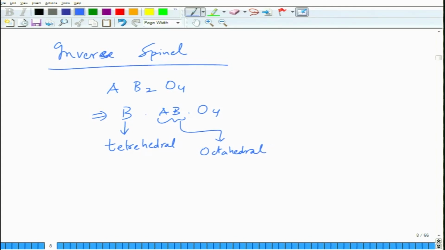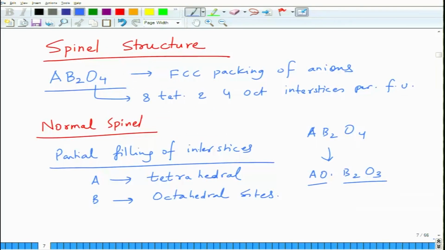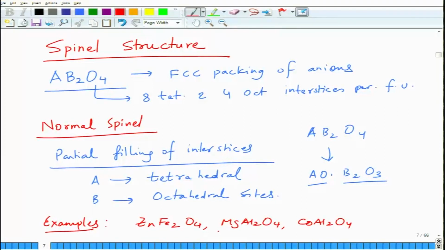So these are two variants of spinels, normal and inverse. Examples of normal spinels are things like ZnFe2O4, MgAl2O4, CoAl2O4, cobalt aluminate, magnesium aluminate, and so on and so forth.